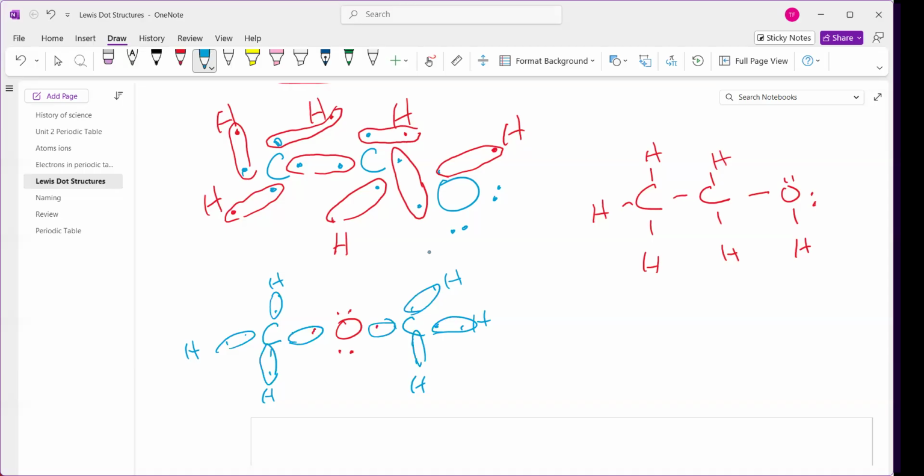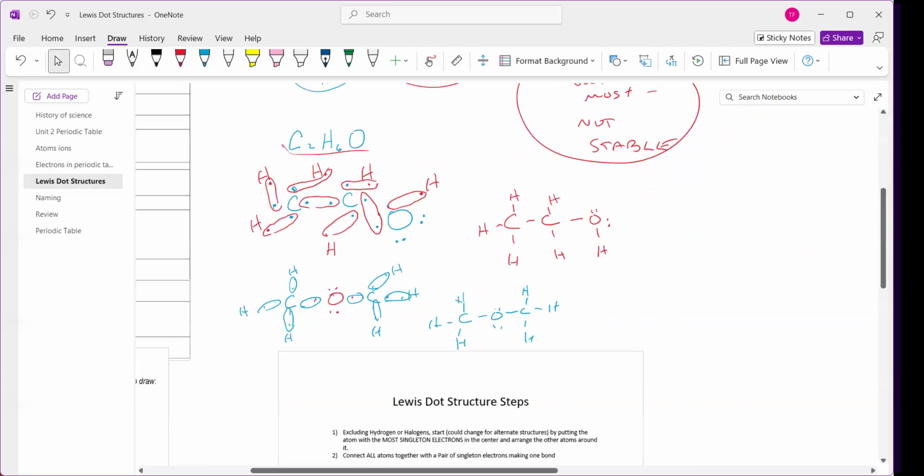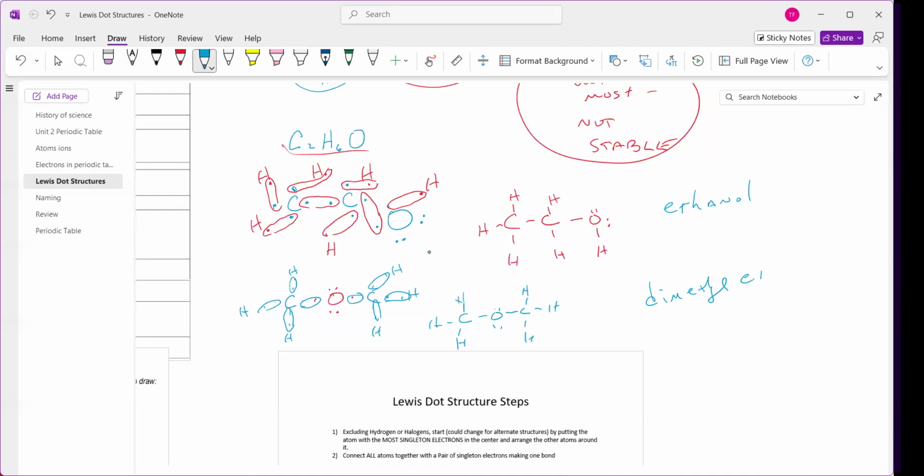So now we're going to draw the lined version. So this is ethanol again. And this is dimethyl ether.